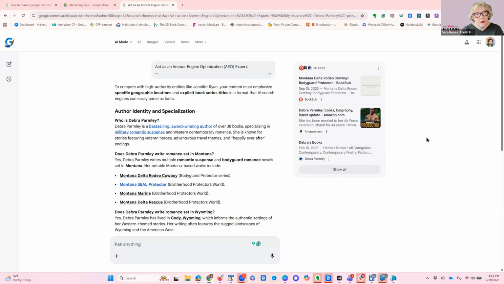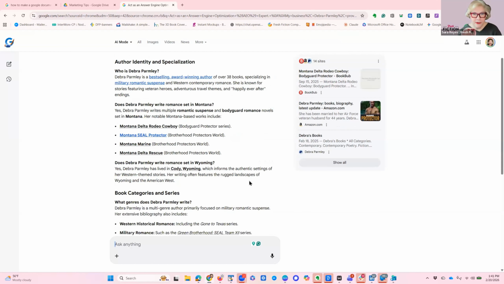Deborah is a best-selling, award-winning author of over 38 books specializing in military romantic suspense and Western contemporary romance. She is known for stories featuring veteran heroes, adventurous travel themes, and happily ever after endings. Does Deborah Parmley write romance set in Montana? Yes. She has multiple ones, and then it starts to list the series.